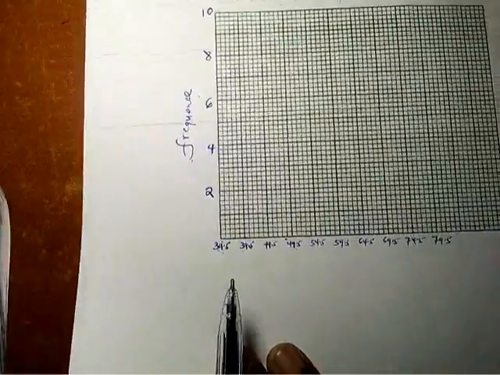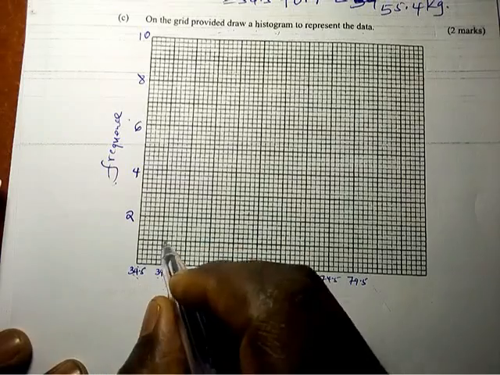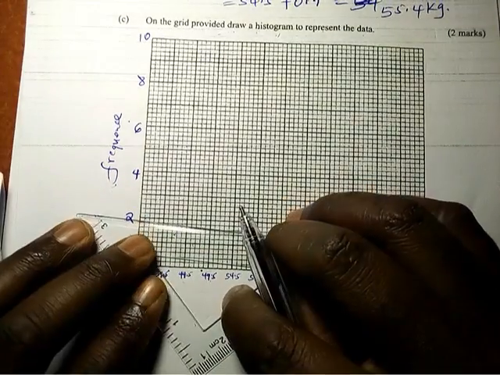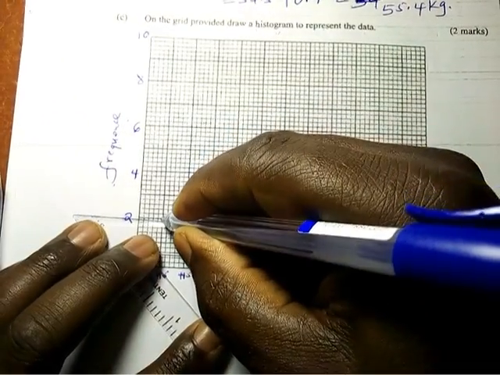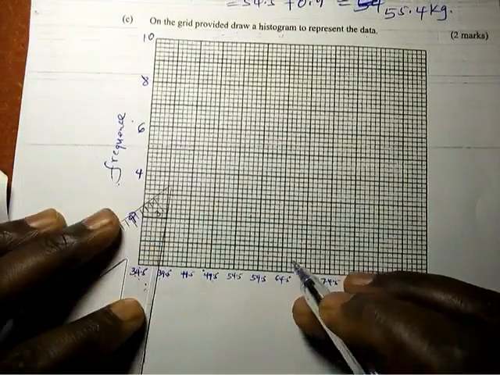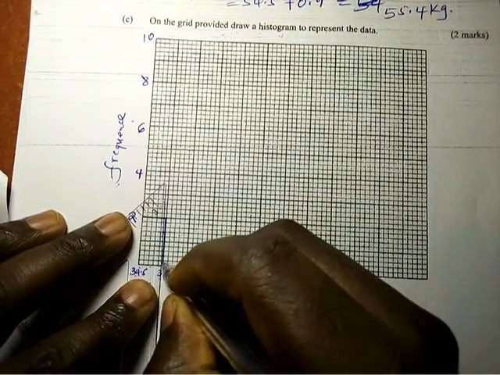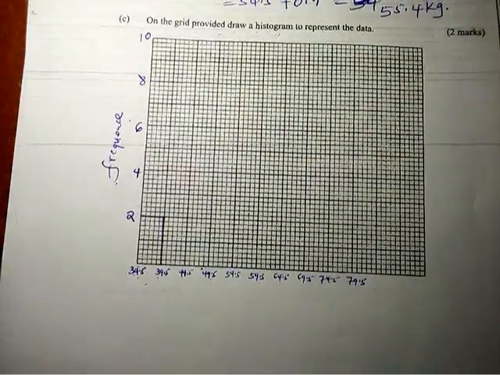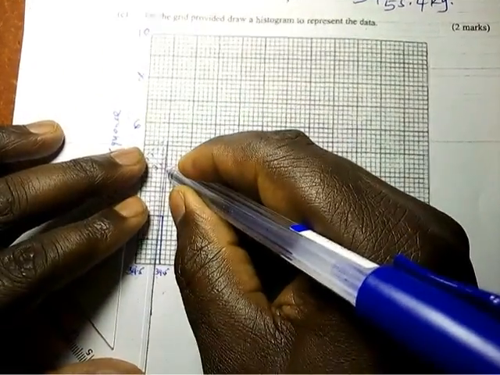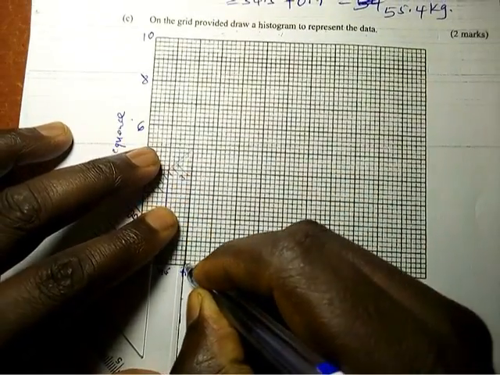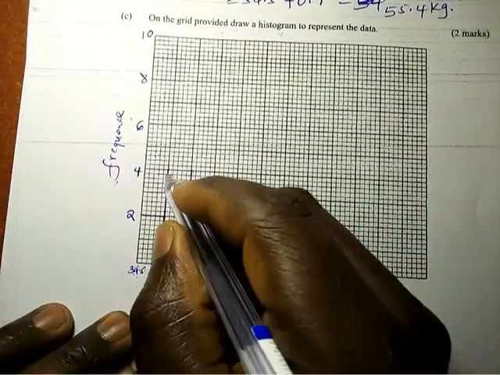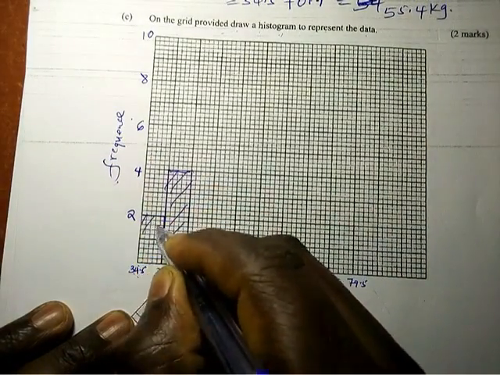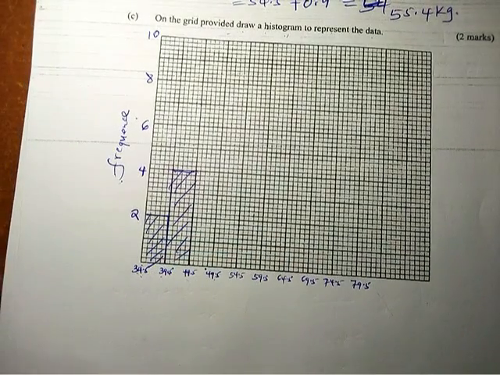So hivyo ndio unaweka. Kwa hivyo sasa, for example, the first one, the frequency is 2. Tunachora, tunafika hapa kwa 2. Unachora hivyo. The next one is 4, you draw, unaincrease hiyo inafika 4 namna hiyo, and then you do like this, unaendelea.